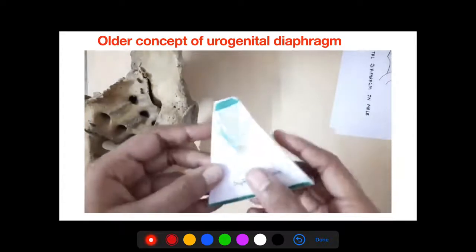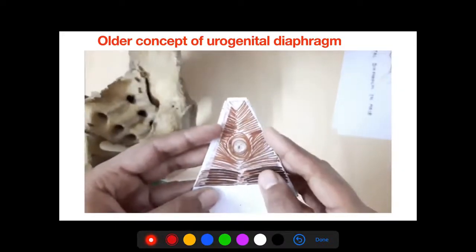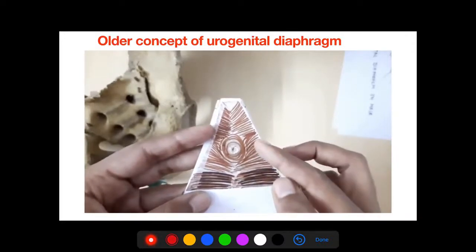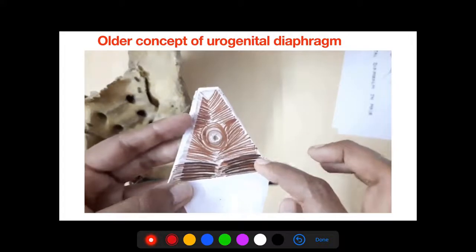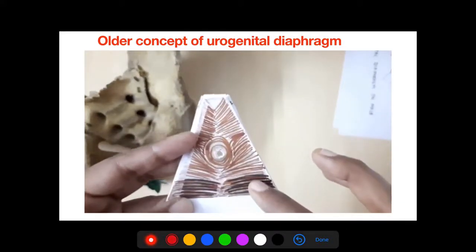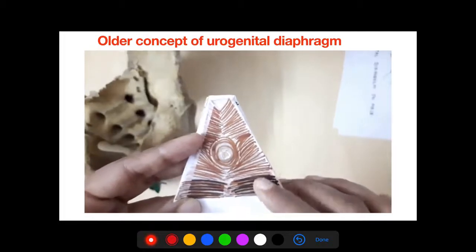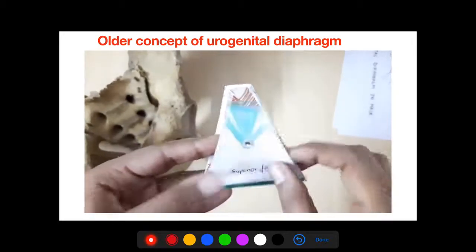Now come to this muscle mass. This muscle mass is made from two muscles: sphincter urethrae muscle anteriorly and deep transverse perineal muscle posteriorly. And these two muscles are described together as constrictor urethrae.